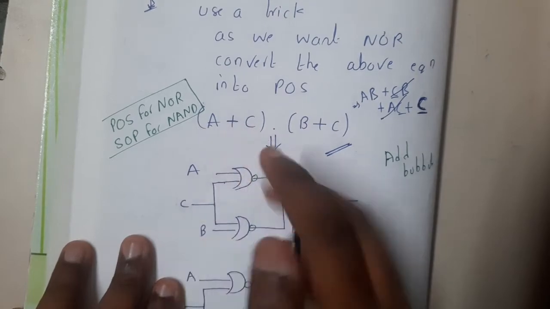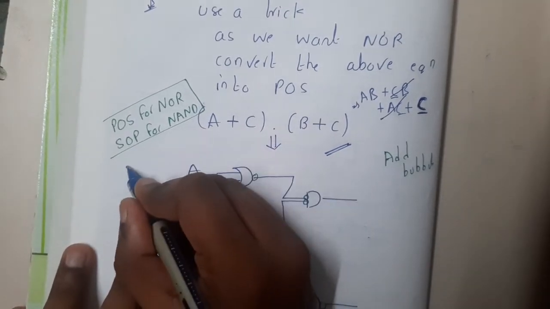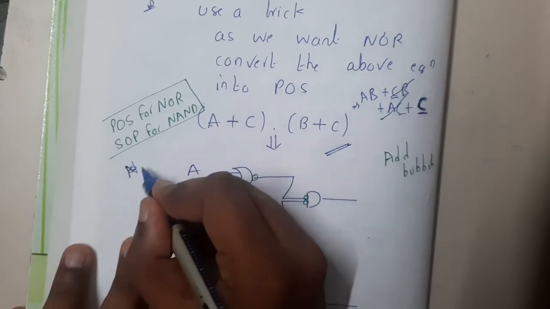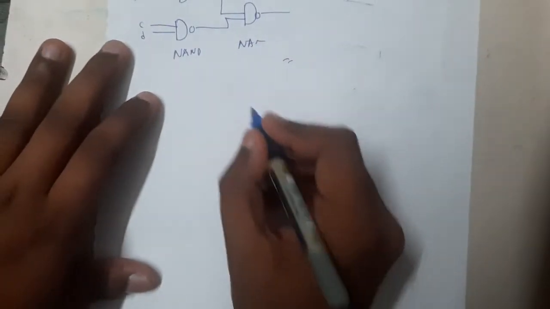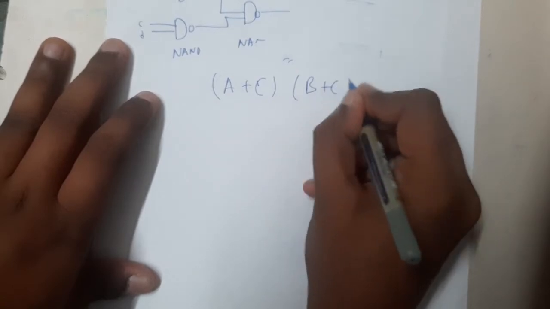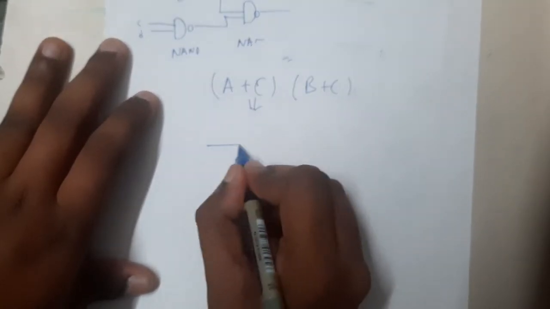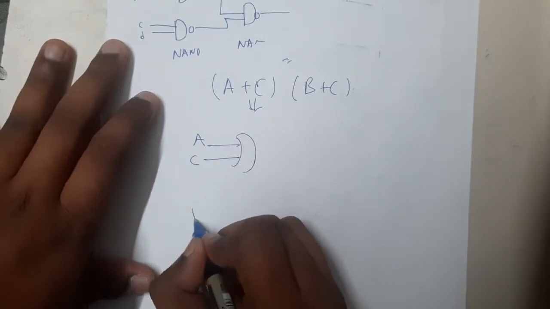For this you can draw, just give me a second. Let me take a piece of paper, guys. Here we have A plus C and B plus C. You can draw A plus C, and it will look in this way. Similarly you can do B plus C also.